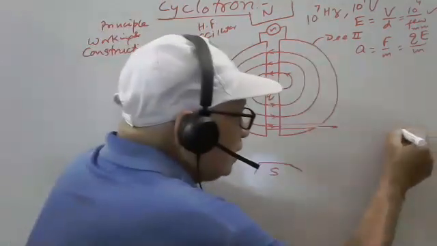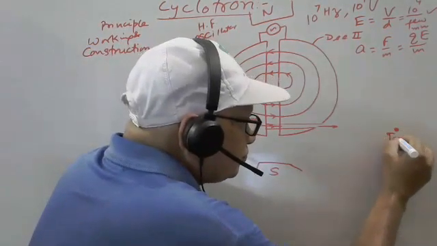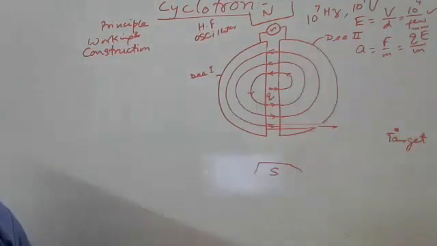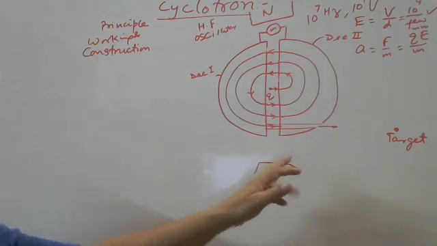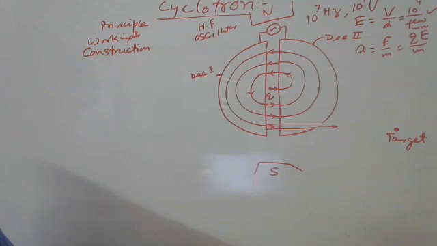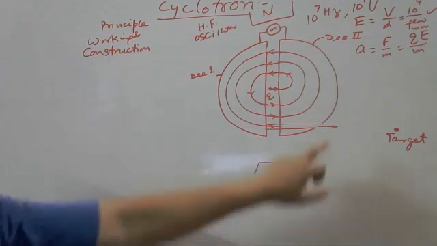And suppose there is a target here. The target is very small, like a nucleus, which is very, very small, of size 10 to the power minus 15 meter. So it is a Fermi level target. It means even taking every care, the possibility is to miss the target.